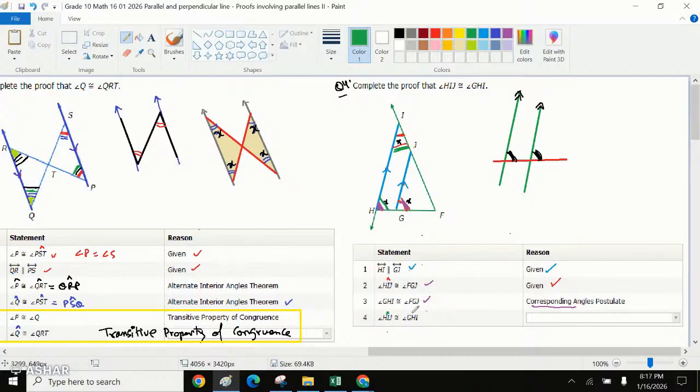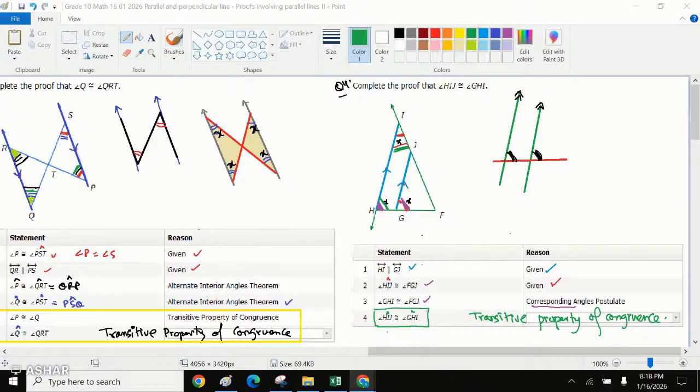So for this condition, it would be known as transitive property of congruence, right? They are equal with the transitive property of congruence, which is exactly the same thing we saw in the previous question, question number 3. So we are just looking at a few of the properties that would give us the reasoning why these two angles are equal.